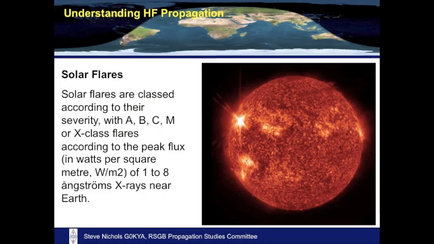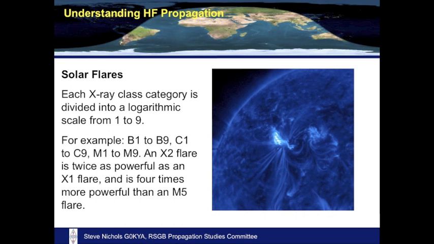Now, these solar flares are classed according to their severity, and the most powerful ones are X-class solar flares. And we can measure the intensity of these flares, if you like, with satellites. And as I said, they're classed as A, B, C, M or X-class flares, with the X-class ones being the most violent of the lot.